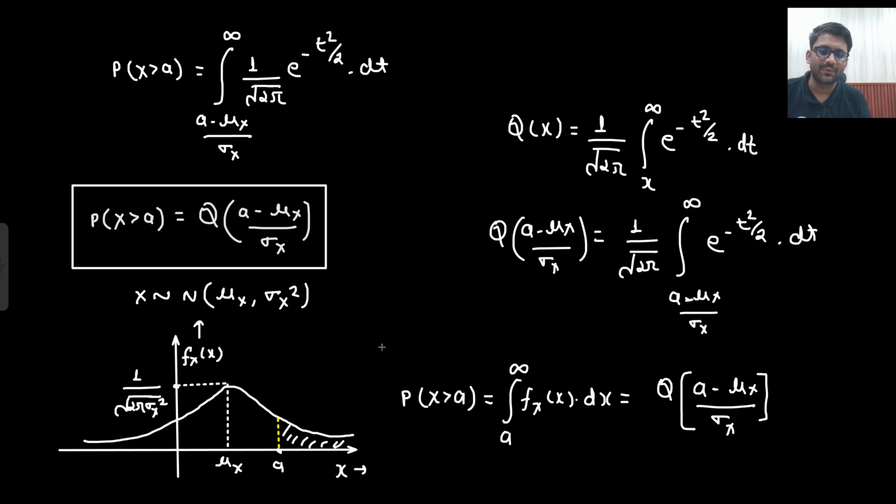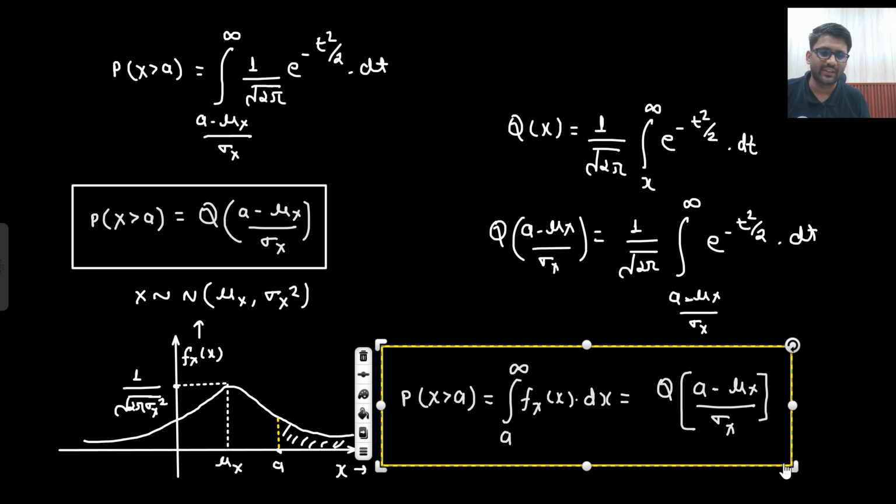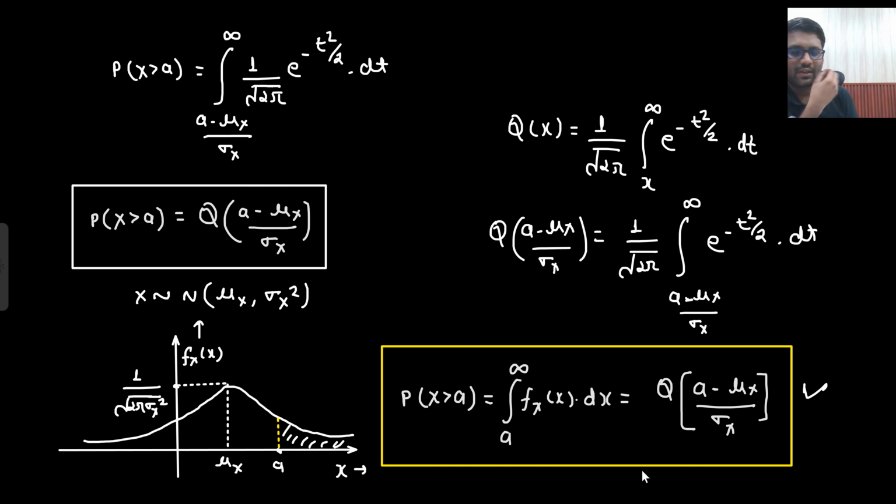Is this conclusion clear to you? Say yes or no. So a normal distribution is given having mean of mu x and variance of sigma x square. This is the graph I can make. They are asking probability of x greater than a. That would be equals to Q of (a minus mu x) divided by sigma x. Should be there in your mind. You already know what is Q function, right? So we are comparing and everything we got to know, but now this conclusion should be clear to you.